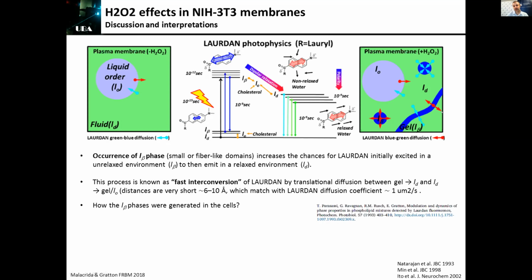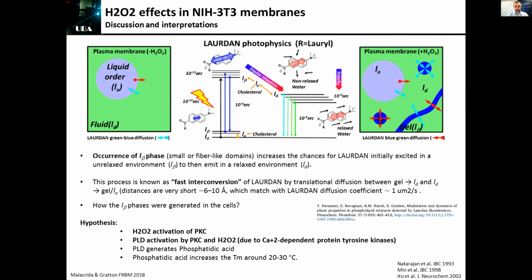And if this happens, you will have this effect of exciting in the blue, but emitting in the relaxed environment. And at the end, you will have relaxation in the blue channel. I found this really nice explanation for the result, but now we have to explain this from the biology.